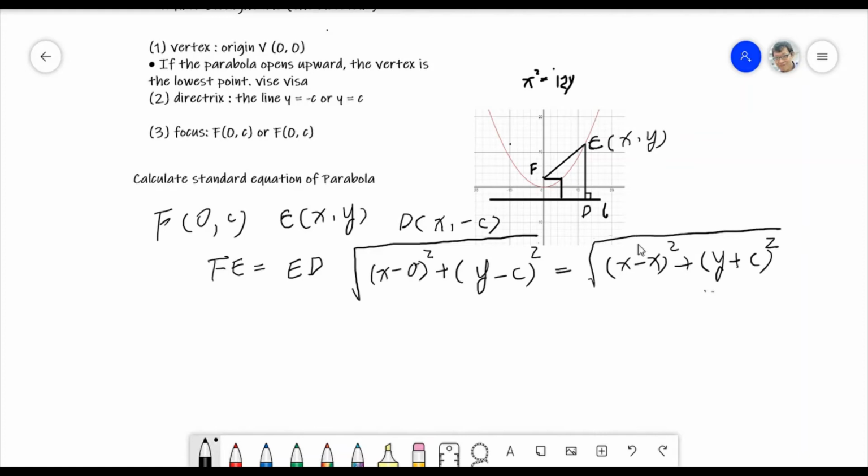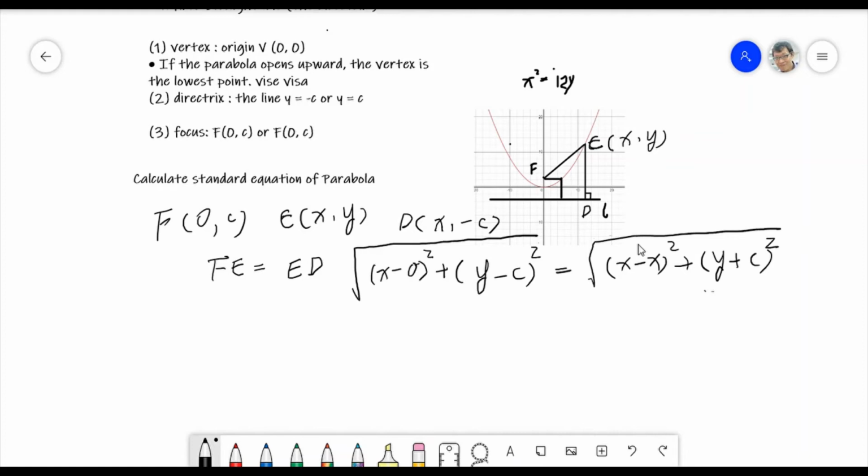So you can look at they have a square root of both sides. So we can square on both sides, right? They will not change the equation. So after we square, we remove the square root.